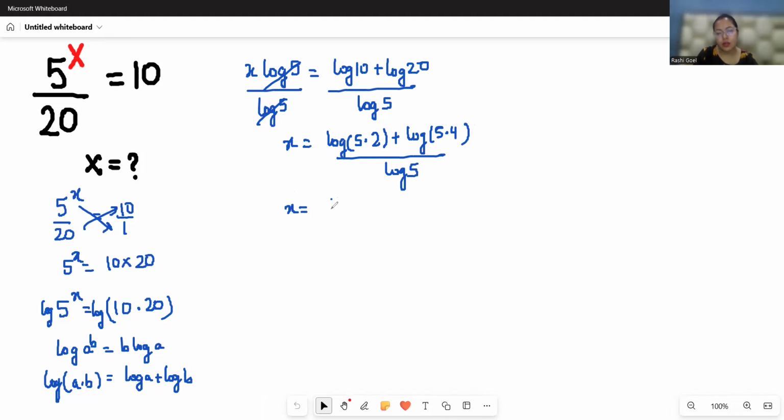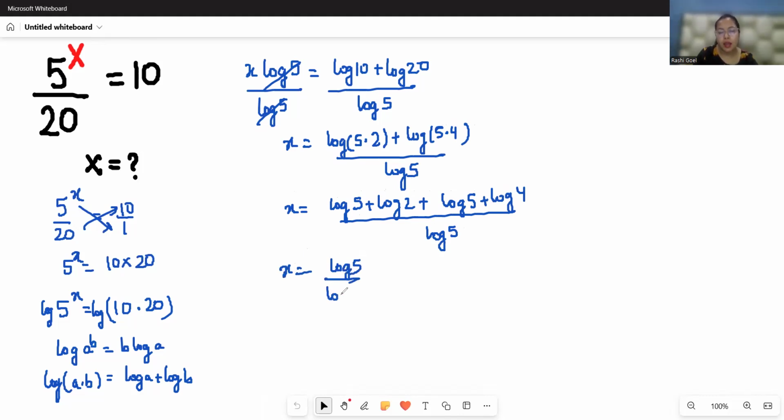So x = (log 5 + log 2 + log 5 + log 4) / log 5. So x = log 5 / log 5 + log 2 / log 5 + log 5 / log 5 + log 4 / log 5.